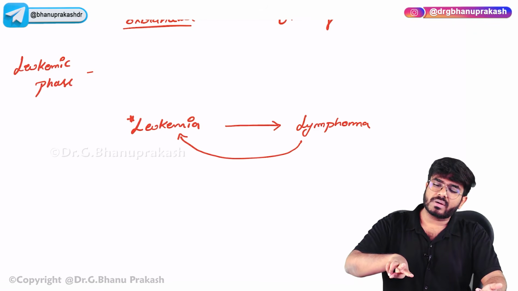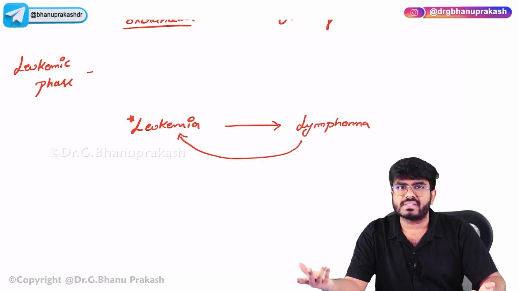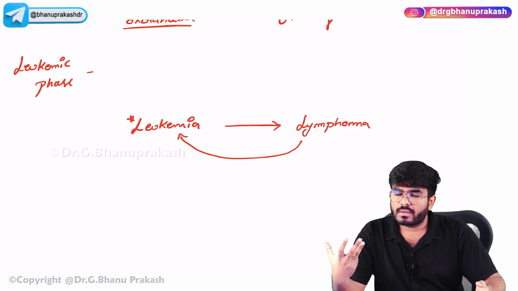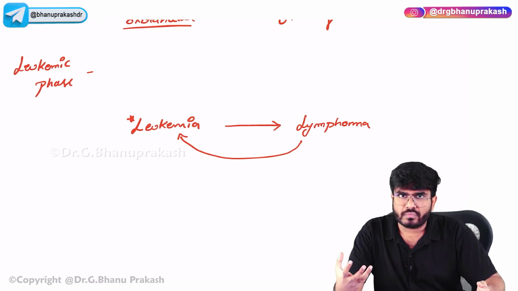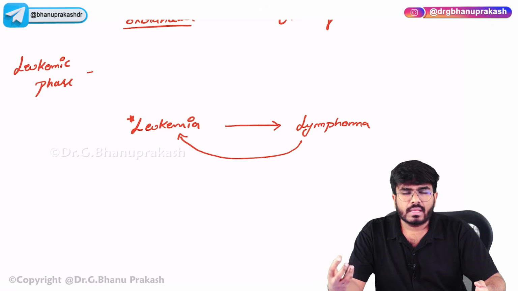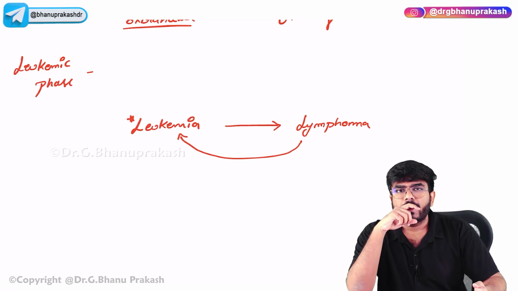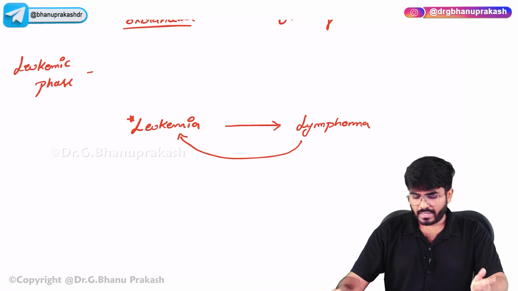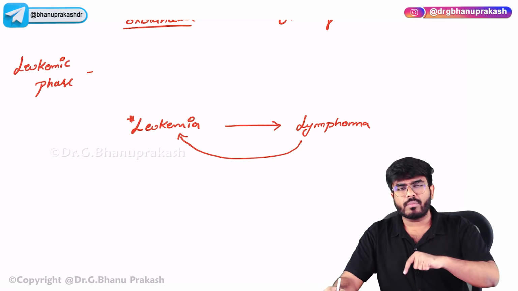So a leukemia patient can develop lymphoma, a lymphoma phase. And a lymphoma patient, who has a neoplastic proliferation of white cells in a tissue like a lymph node or spleen, can have these cells come into the bloodstream and develop a leukemic phase also. So both are possible.